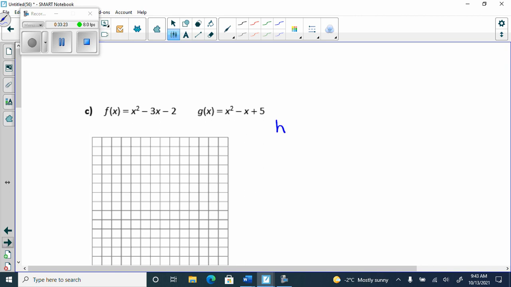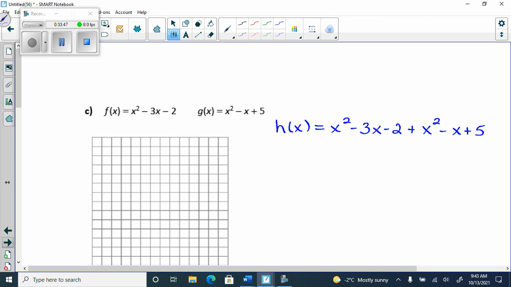So h of x equals f of x, which is x squared minus 3x minus 2, plus x squared minus x plus 5. Now quadratics have a domain of what? Real numbers, right? So both of them have a domain of x an element of the reals. We agree? So where do both of them exist? Everywhere.